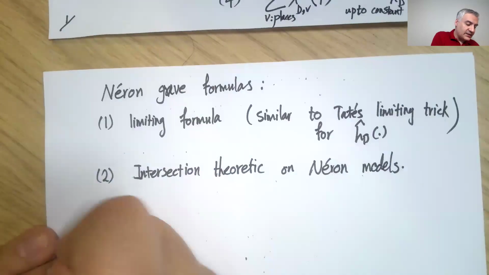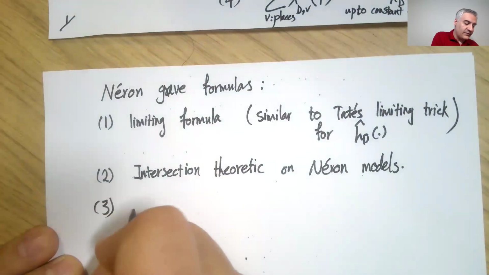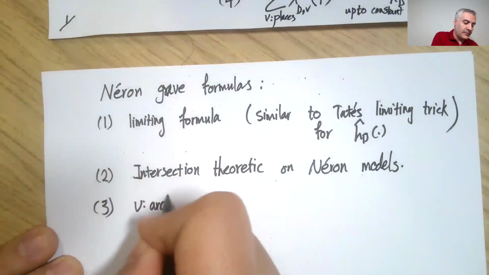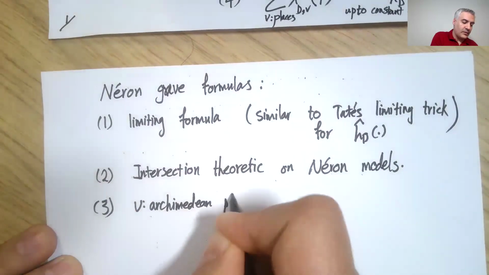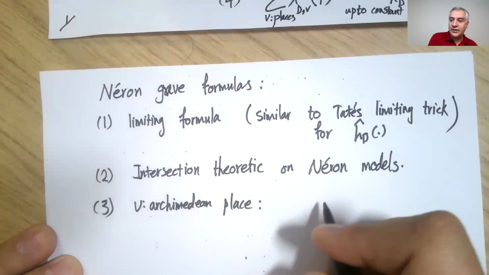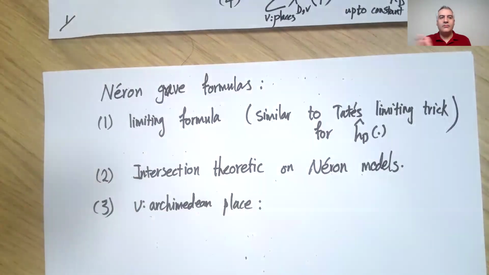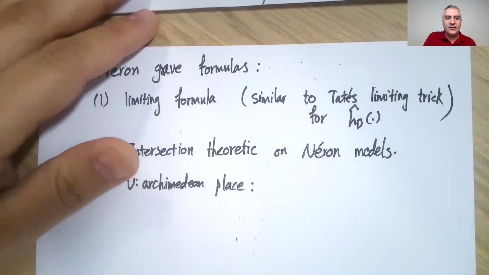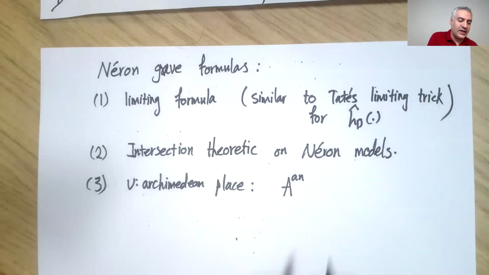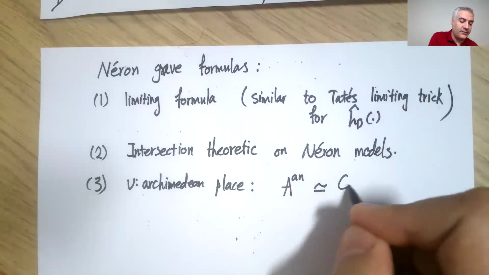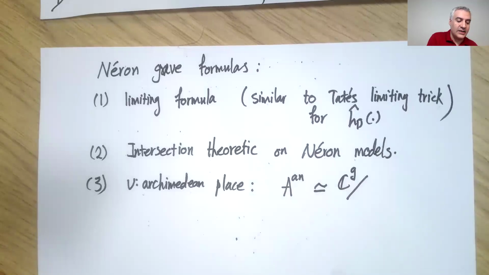And in the Archimedean case, if v is an Archimedean place, he gave a formula. So what is interesting about the Archimedean place, there is a rich and very classical story of uniformization of abelian varieties. So an analytic abelian variety can be uniformized as some g-dimensional complex vector space modulo a full-dimensional lattice.